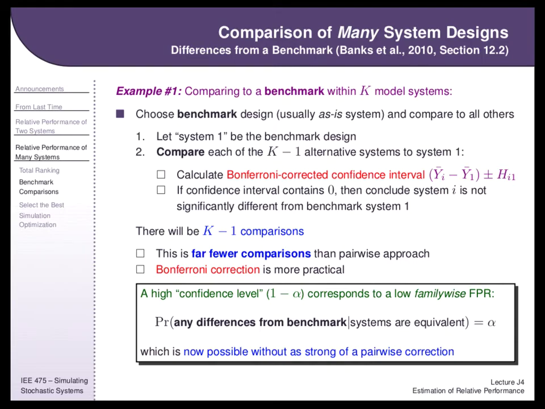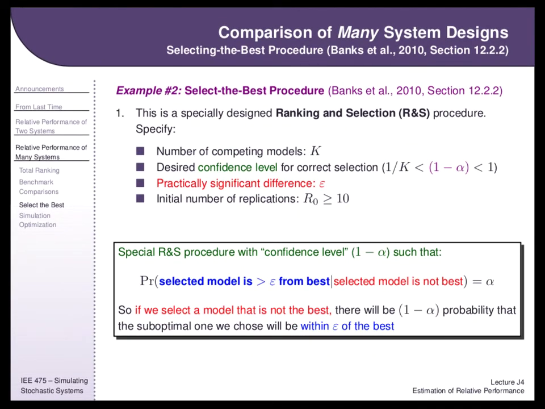Now that's still not quite ideal. What if I really wanted the best system? Well, there are procedures like this one outlined in your textbook for selecting the best that allow you to do it with as few samples as possible. They don't rank everybody, but they at least output just who's in the top group with some precision. I set this up by saying I've got k models, I've got a confidence level, which I'll define down here.